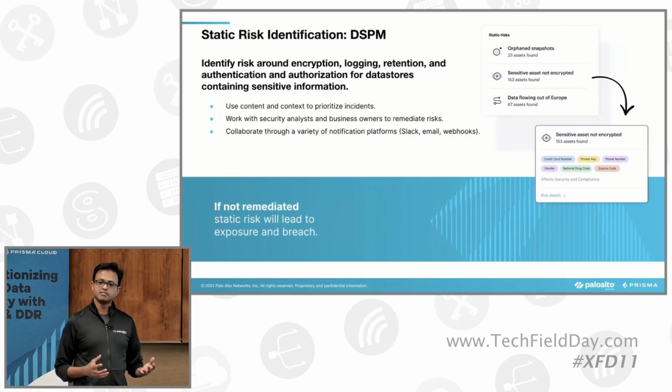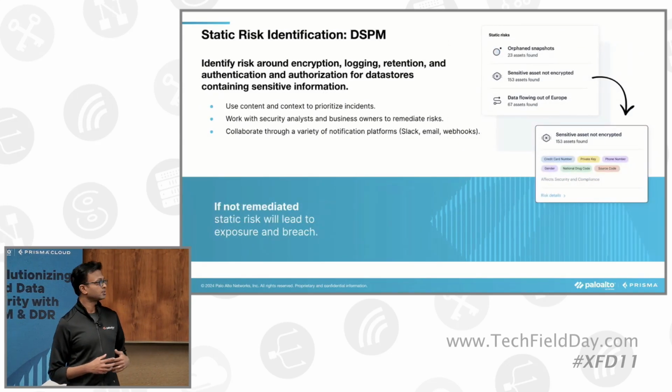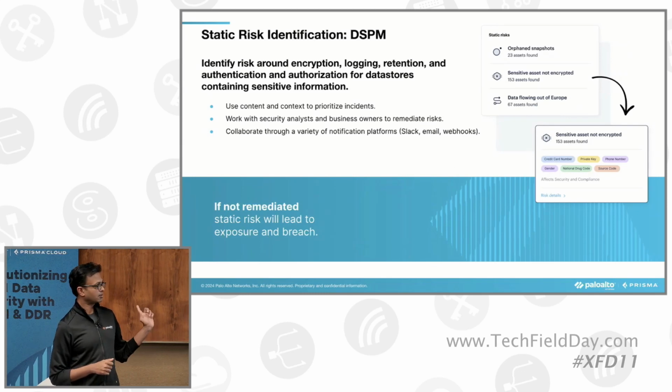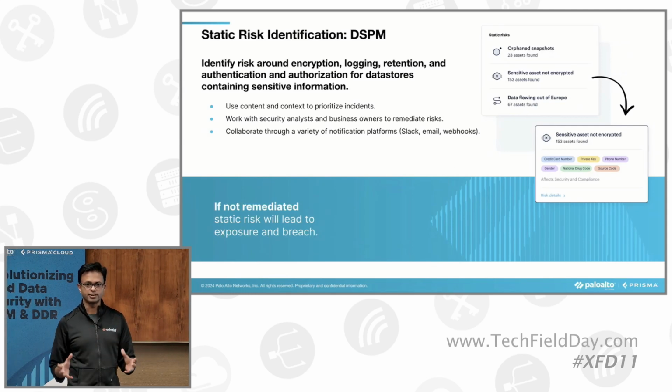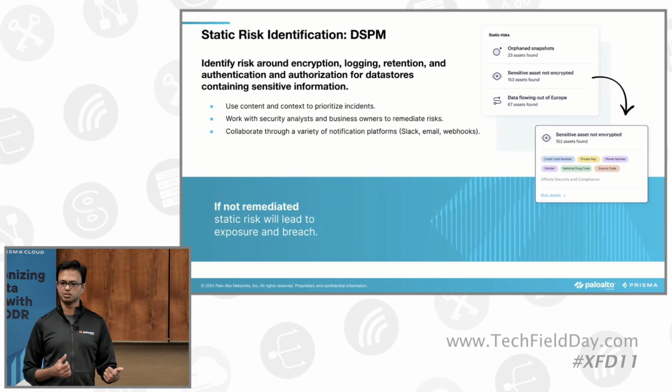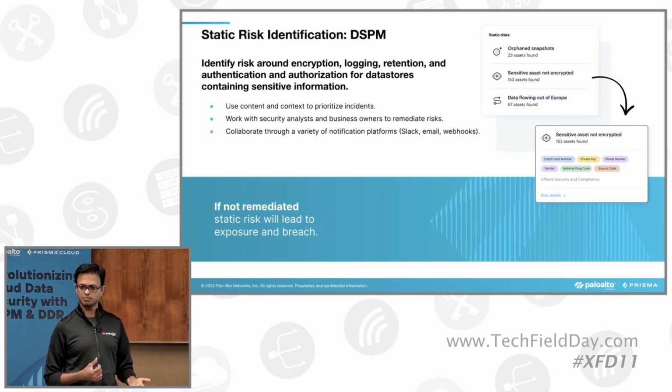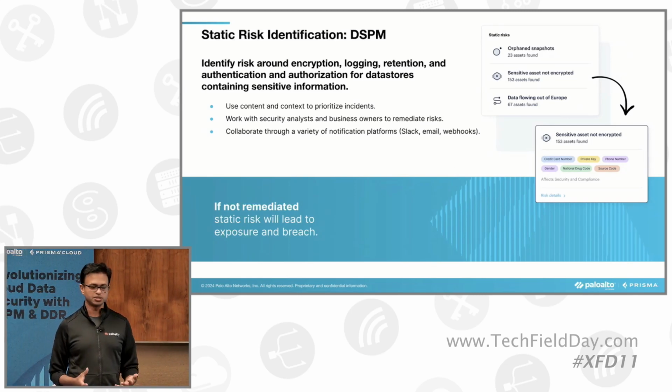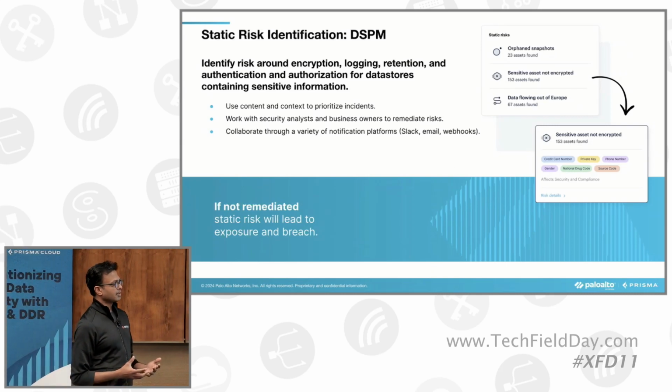Now that we have identified the crown jewels, the next part is risk identification around data security posture management. I know where my crown jewels are. Now I need to know if there are misconfigurations on that particular crown jewel. And this is what DIG did well within the context of the data store, which means I can tell you if that data store has logging enabled or disabled, encryption enabled or disabled, just by looking at its configuration.